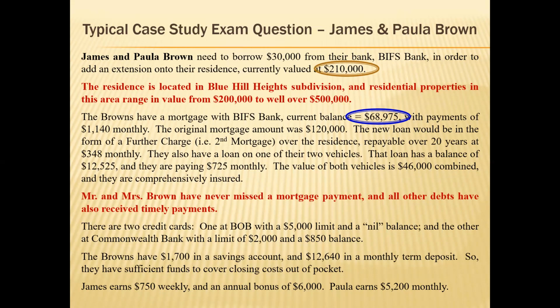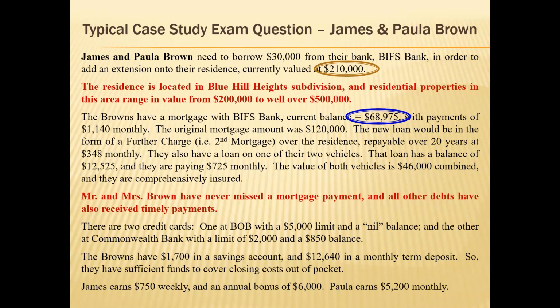We're looking for someone to speak to character. They seem to be in good standing. Financially, they seem to pay their bills or their loans. So Mr. and Mrs. Brown, they've never missed any payments.